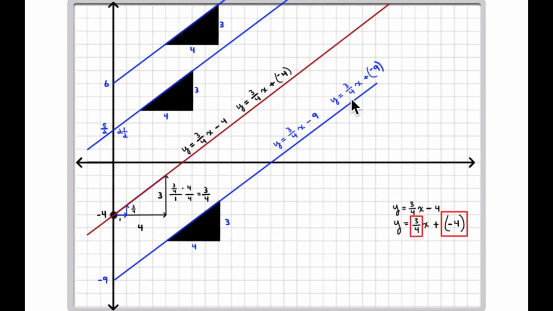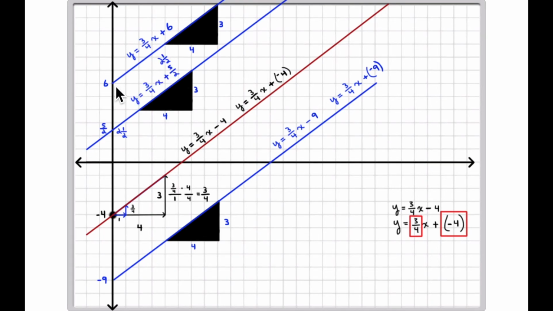This equation has the same slope, 3/4 x, but the y-intercept is -9. This one, same slope, but the y-intercept is +6. And this one, same slope, but the y-intercept can be written as either 5/2 or 2.5.